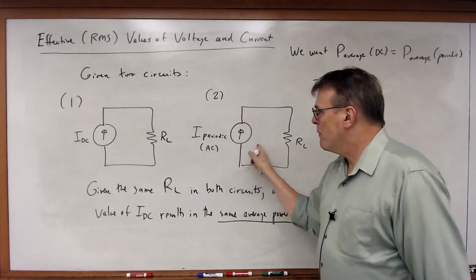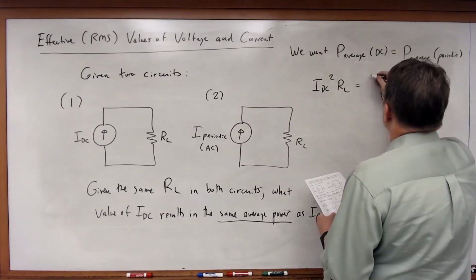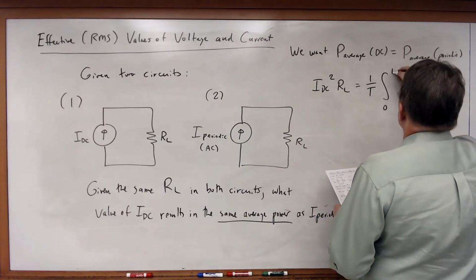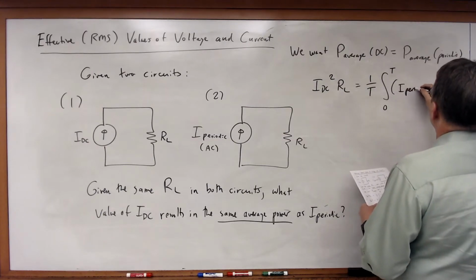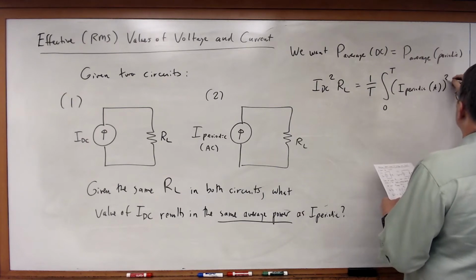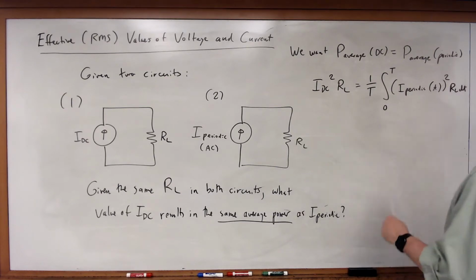What about for the periodic signal? Well, in this case, this is going to be equal to 1 over T integral from 0 to T of I periodic squared times RL dt.